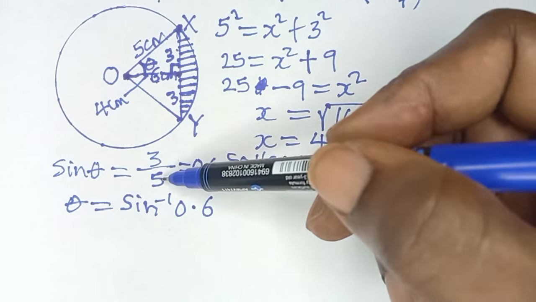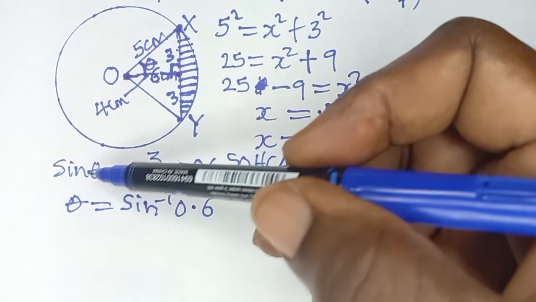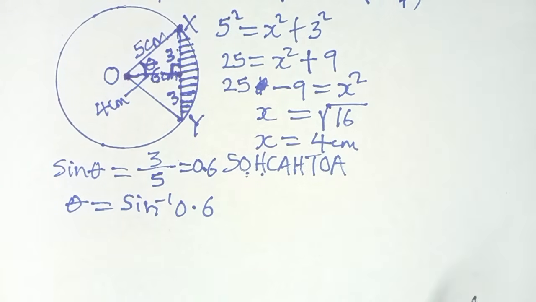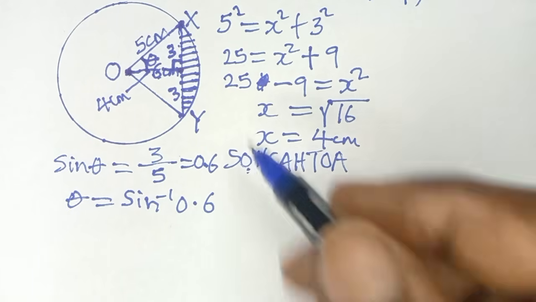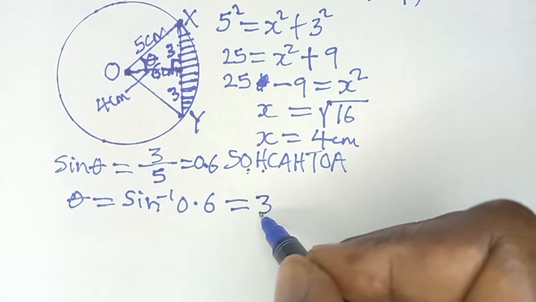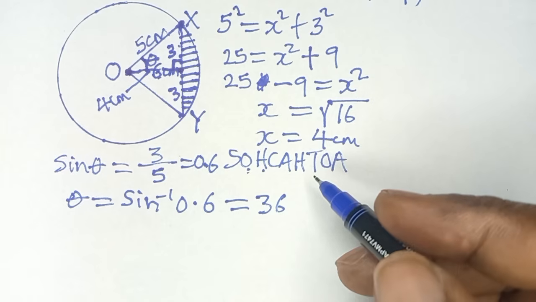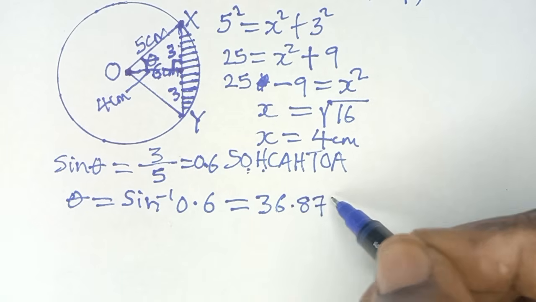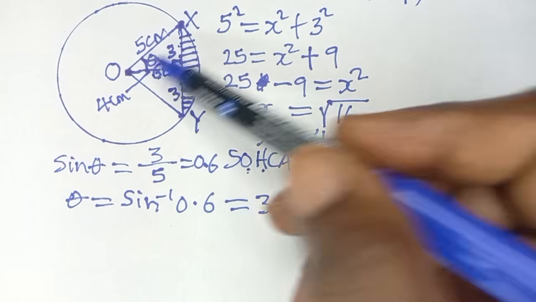Don't forget 3 divided by 5 is 0.6. So theta will be equal to the sine inverse of 0.6. You can simply get sine inverse from your calculator and it will give you the value of 36.87 degrees. So that's the value of this angle theta.